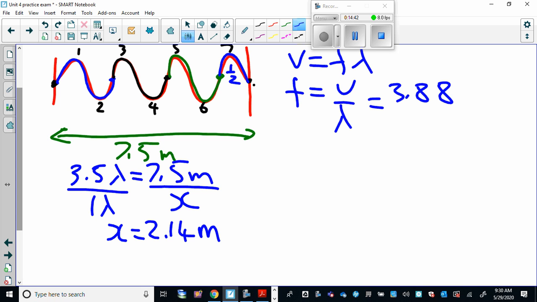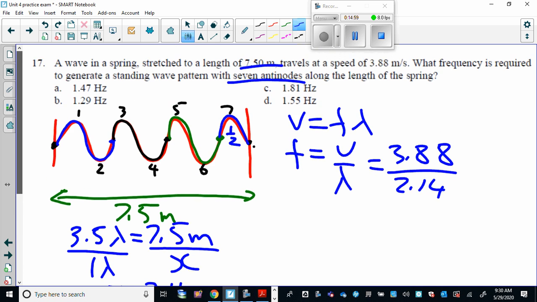Some people would have just said, oh, okay, I just have to go 7.5 divided by 3.5, and I'm going to get the answer. Absolutely correct. And we're good. And you end up getting an answer of 1.81 hertz, which is C. Great. That is a good question. Okay, we're at 15 minutes. Let's stop there and then go on to the third part.